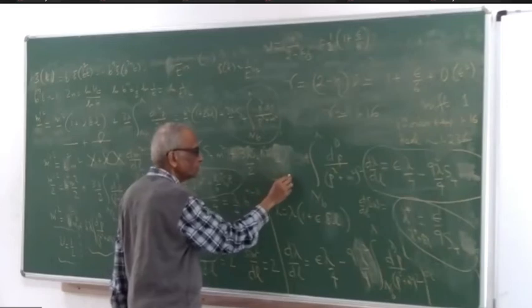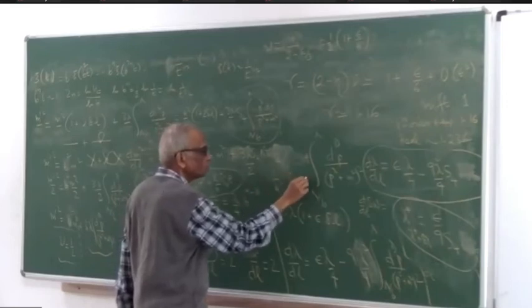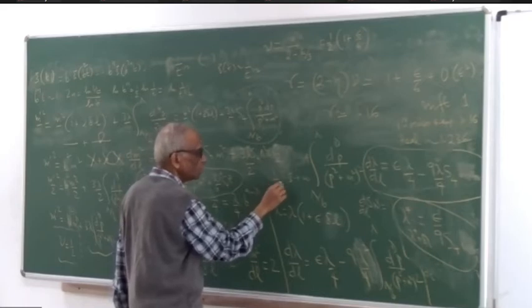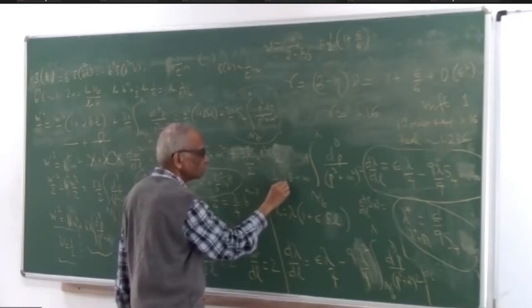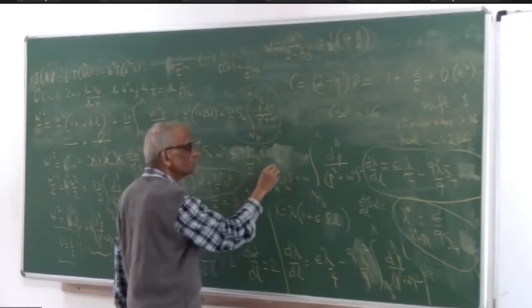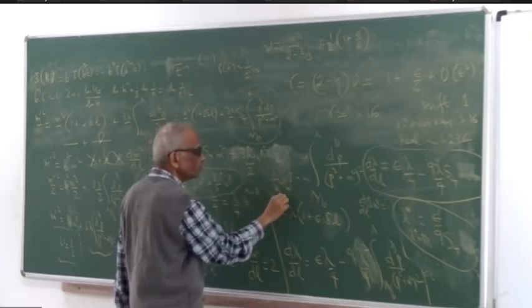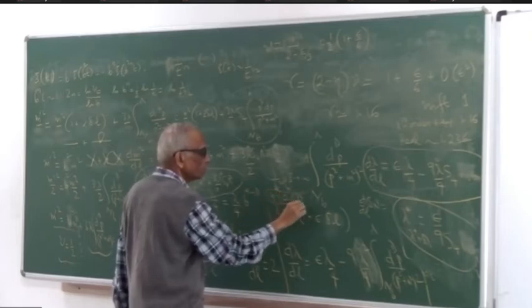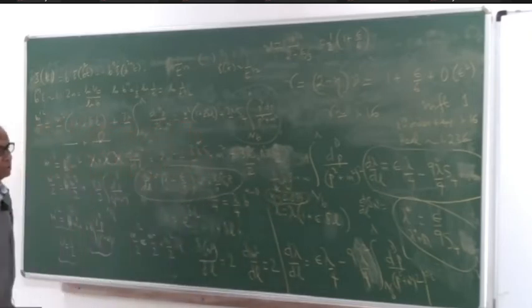That's expected if xi, the correlation length, goes to infinity. But you don't do that. You go as 1 over k to the 2 minus eta. So this exponent, which is of the order of 0.035, is not so easy.